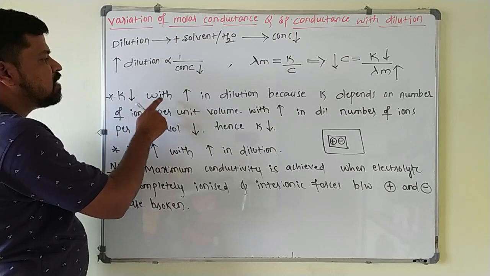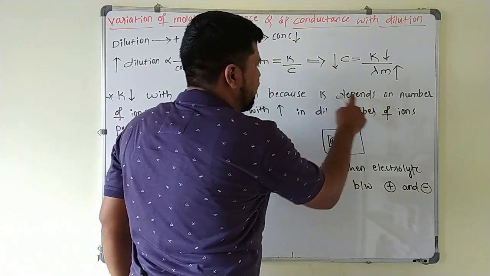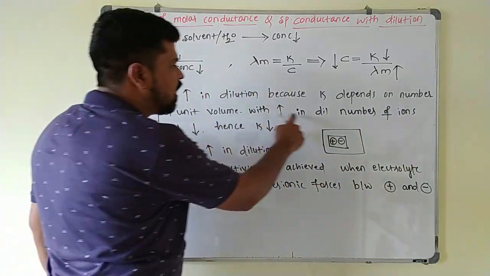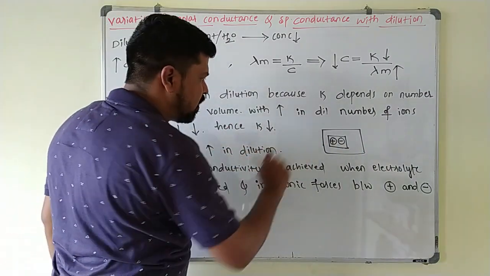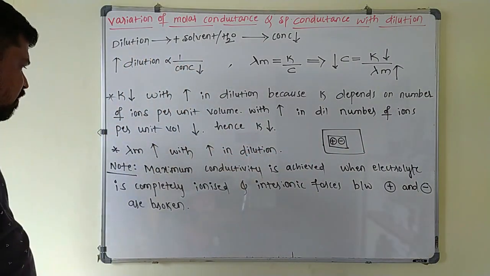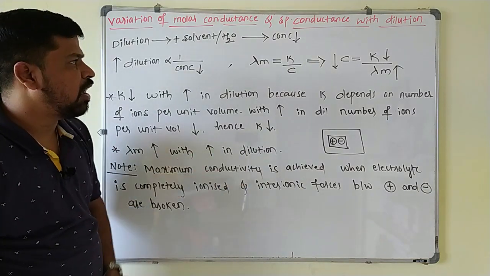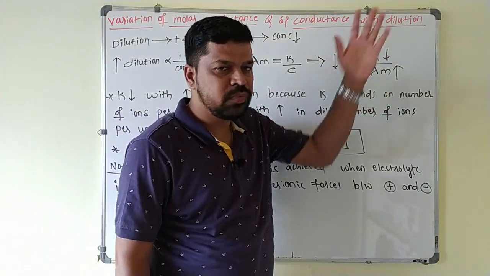So specific conductance decreases with increase in the dilution because the K value, that is specific conductance, depends on the number of ions per unit volume. With increase in dilution, the number of ions per unit volume decreases, hence specific conductance decreases. Now we know that molar conductance increases with increase in the dilution, because as dilution increases, concentration decreases and molar conductance will increase.